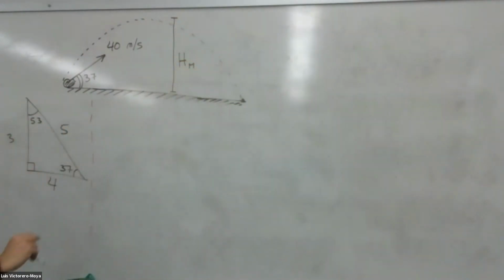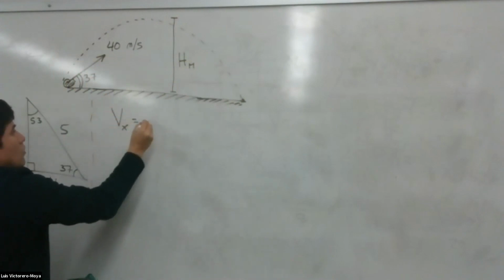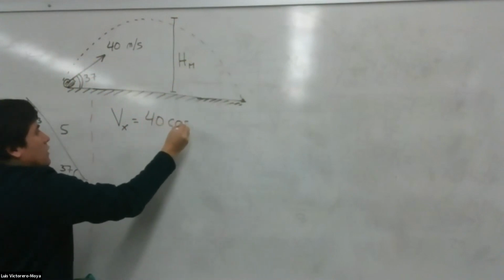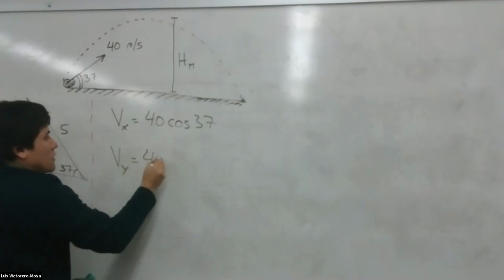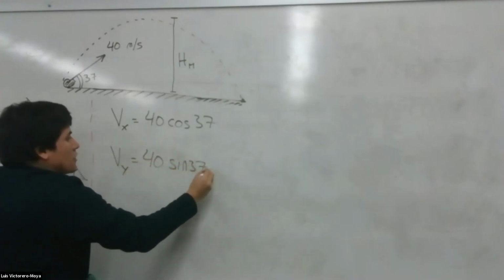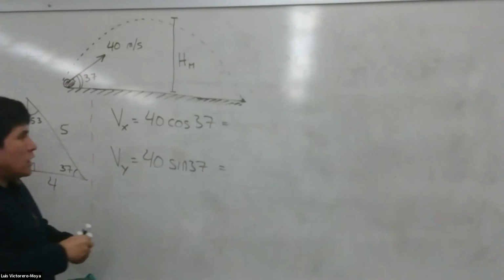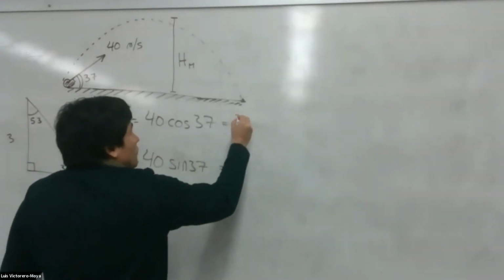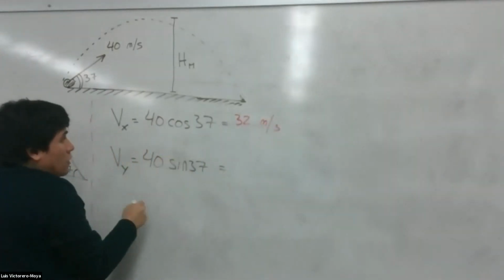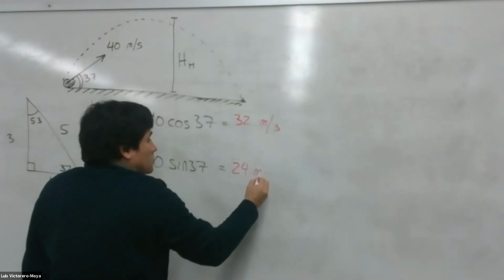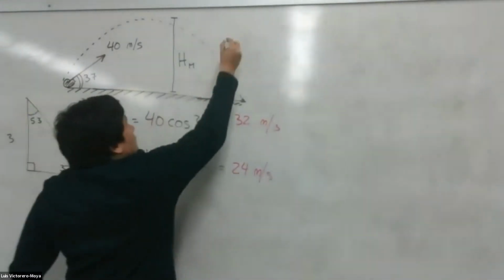The first step, guys, is that you break into components. 40 cosine 37, and Vy is 40 sine 37. The cosine 37 is 4 over 5. So that will give you 32. And the sine 37 is 3 over 5. That will give you 24. Gravity is negative 9.8. We know that.